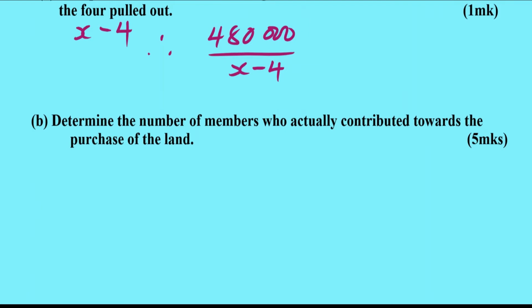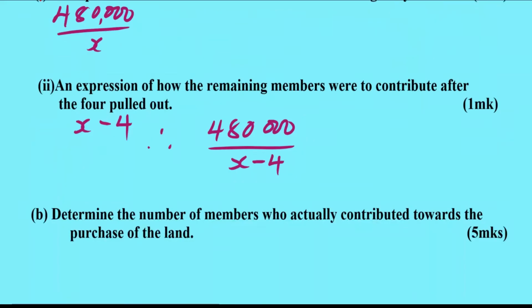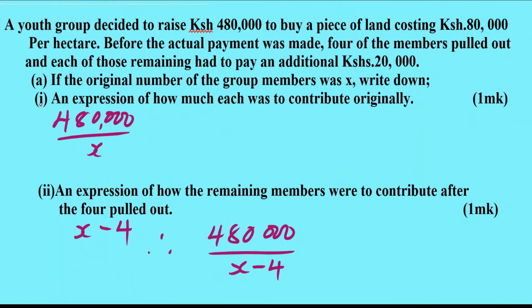Determine the number of members who actually contributed towards the purchase of the land. Now, we are given this statement that after these 4 members pulled out, the remaining members had to pay an additional 20,000 shillings each.